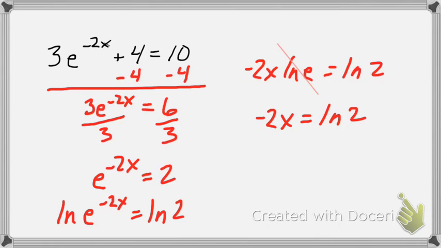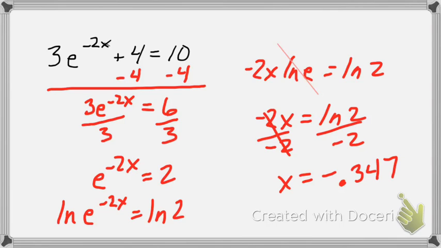To get that x by itself, I have to get rid of the negative 2. It's negative 2 times x, so I'm going to divide by negative 2. You have to do that calculation on your calculator to get a decimal value for what works in this equation. The natural log of 2 divided by negative 2 is approximately negative 0.347.